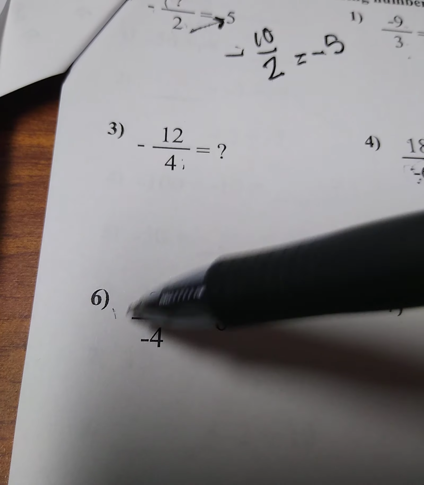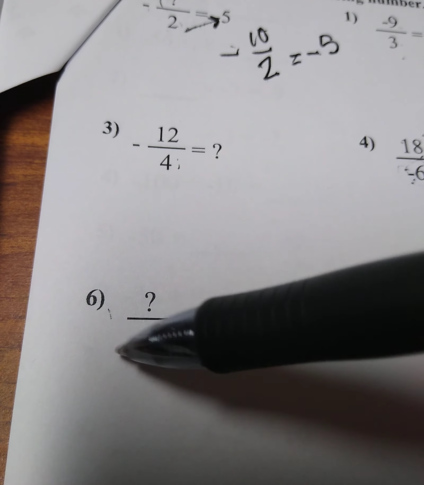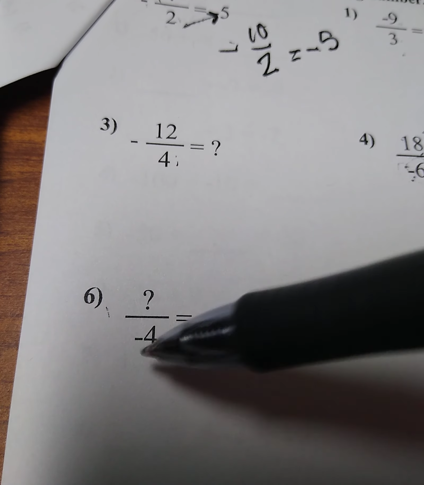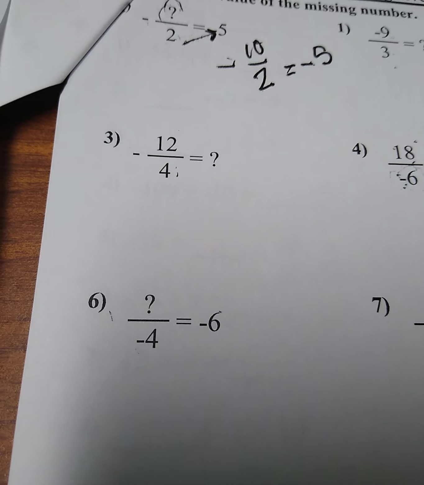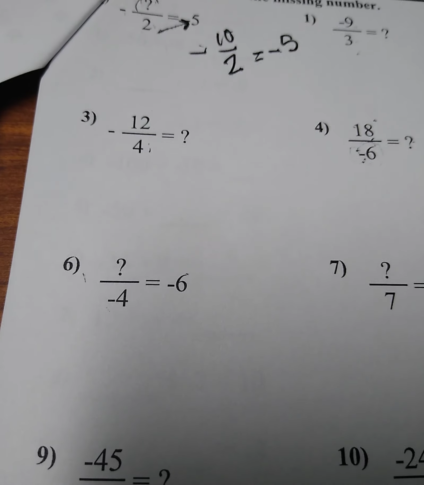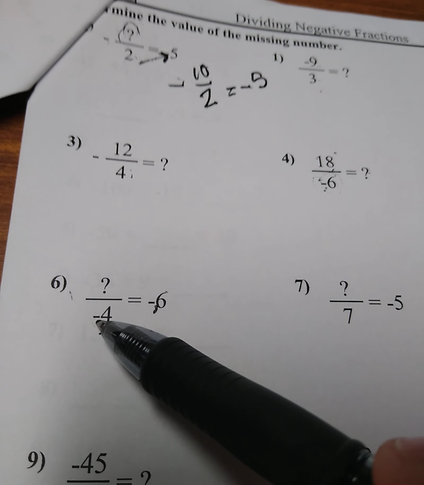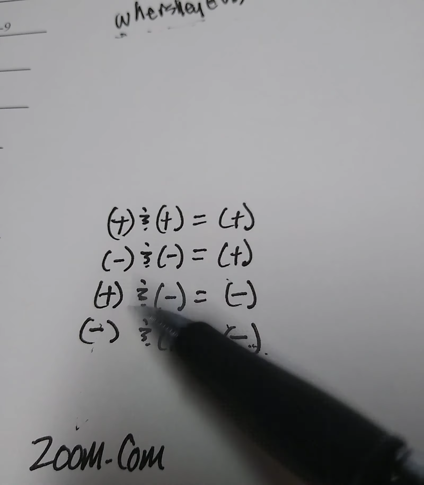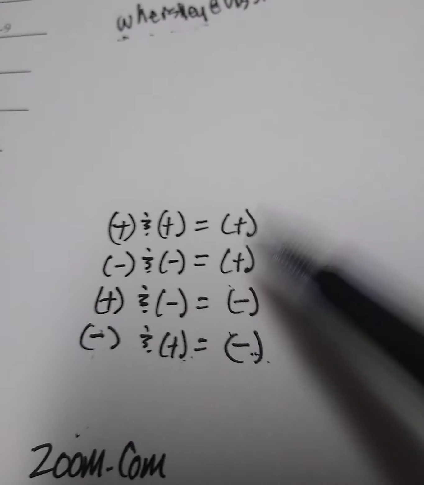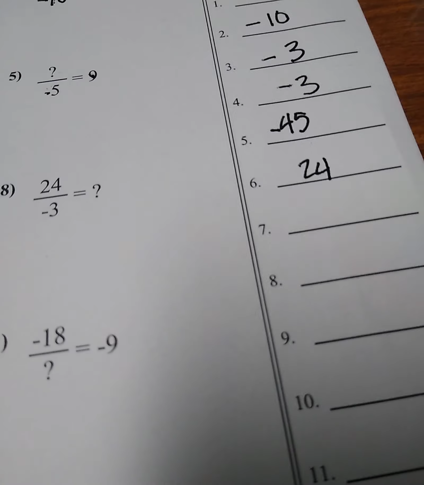We'll do one more, number 6, just to show you. Question mark over negative 4 equals negative 6. 4 times 6 is 24. Very good. Now, a negative and a negative equals a positive, so your answer is 24.